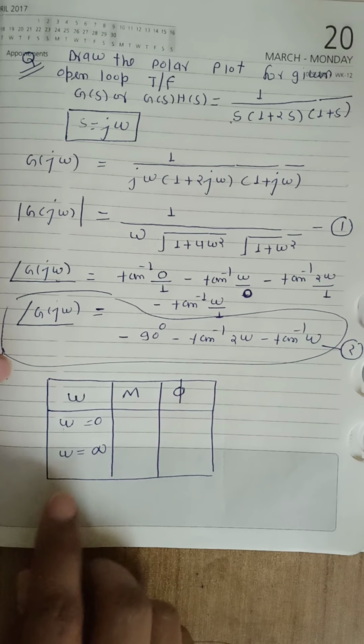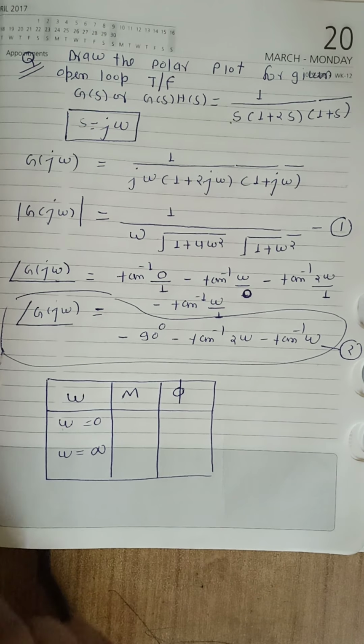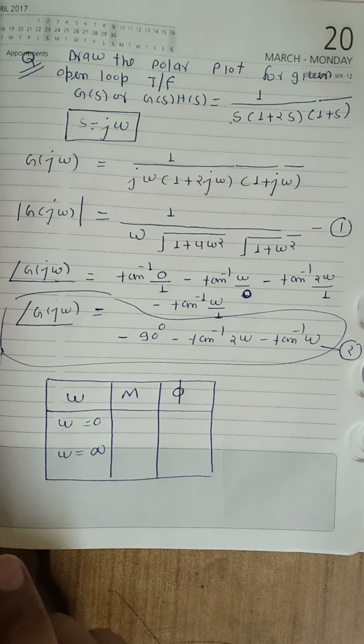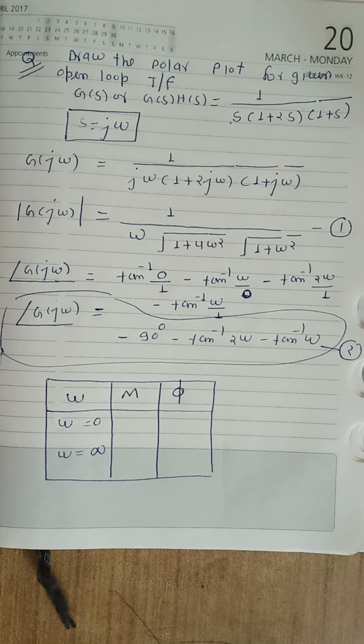But in polar plot, there is no need to define any value in between. With the help of omega equal to 0 and omega equal to infinity, we can draw the polar plot.